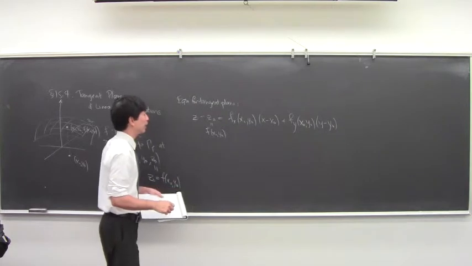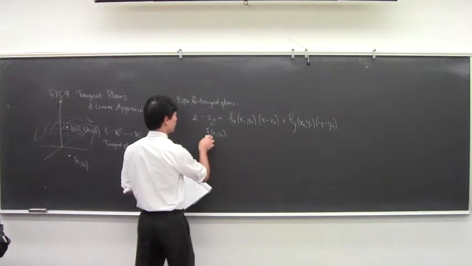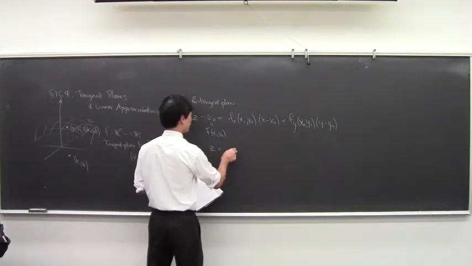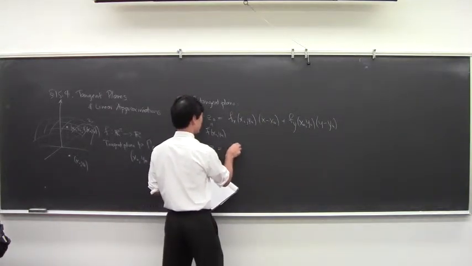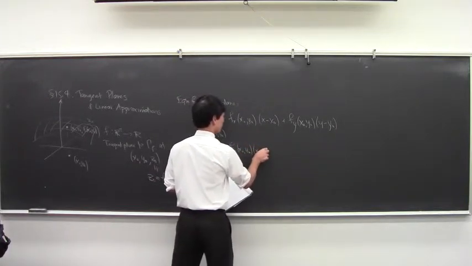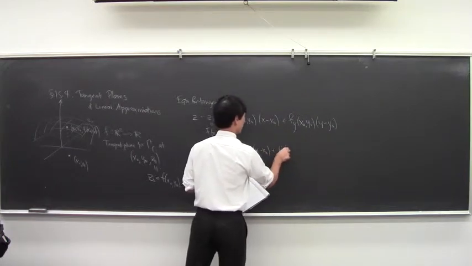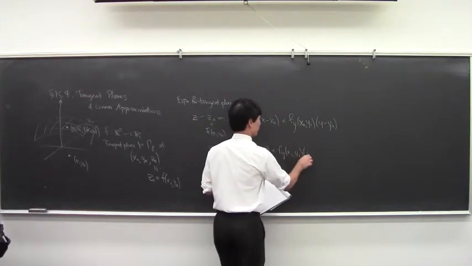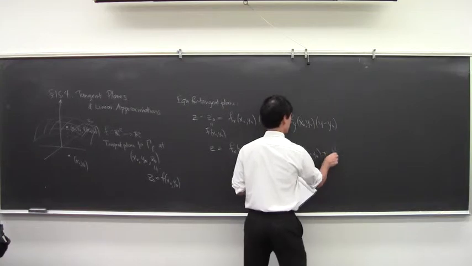This was the equation for the tangent plane, and we remember z0 is again f of x0, y0. So if we move this to the other side, we see that the equation for the tangent plane you can write like this: fx(x0, y0)(x minus x0) plus fy(x0, y0)(y minus y0) plus z0.